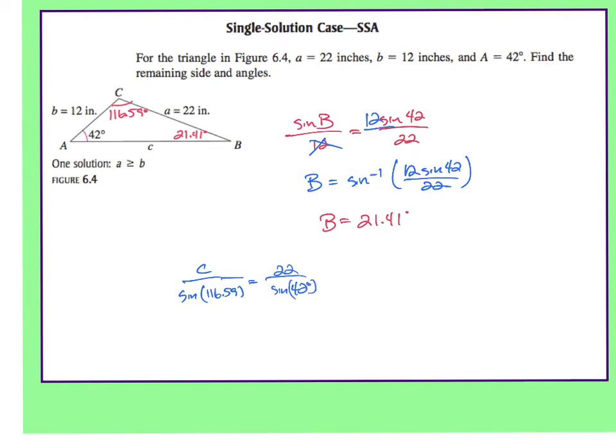So now all we have to do is multiply by the sine of 116.59 degrees. And so now I just put that into our calculator. 29.401. All right. Pretty good.